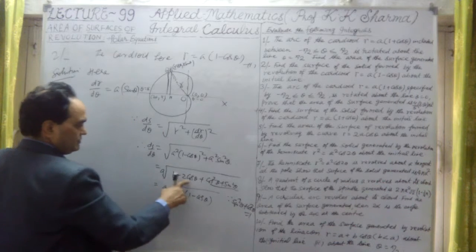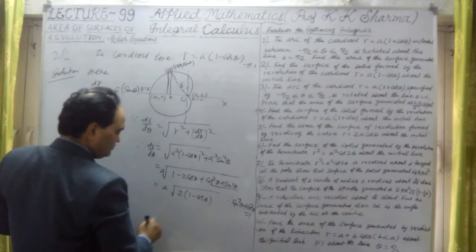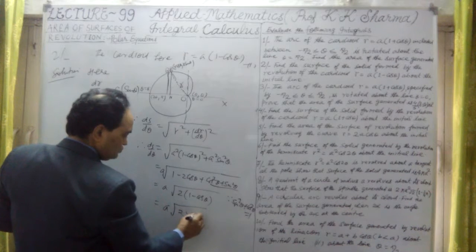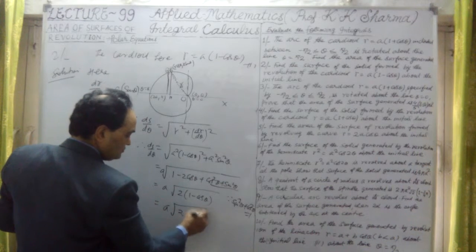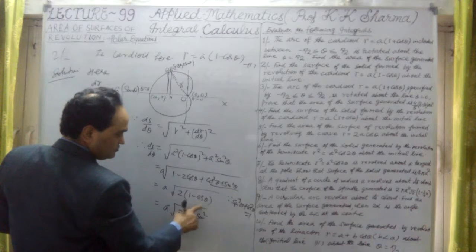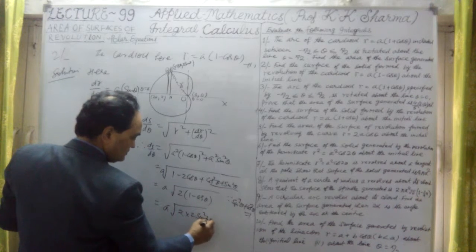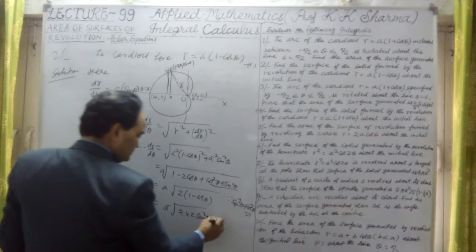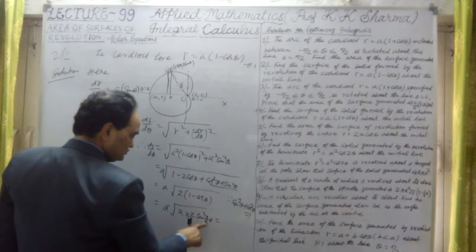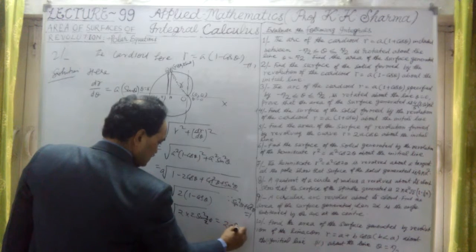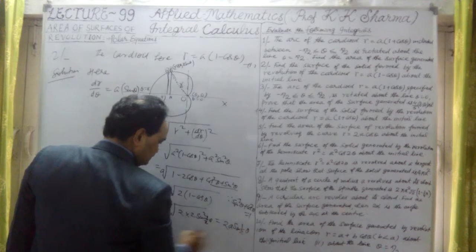So 2 is taken common, and under the square root it is 2 into 1 minus cos theta. But 1 minus cos theta is 2 sin square theta by 2. Therefore, this is nothing but 2 into sin theta by 2 coming out. So this is twice a sin half theta.